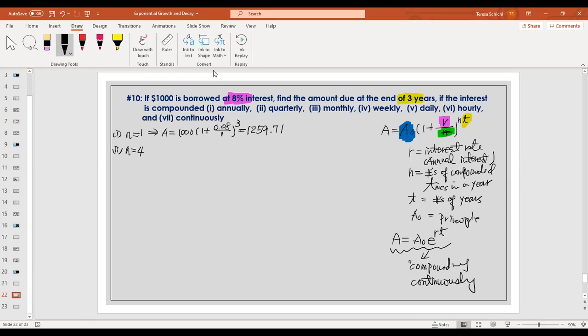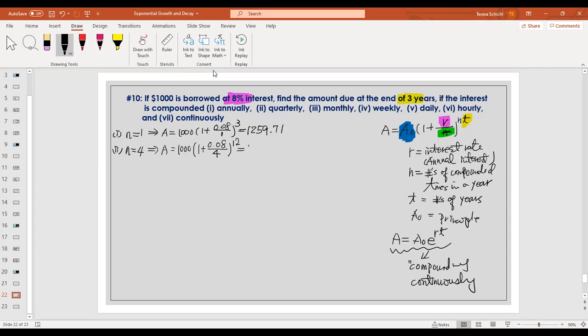Now if I say quarterly, every year I have 4 quarters, so n is equal to 4. This is 1,000 times (1 plus 0.08 divided by 4), because 0.08 is the annual rate. In total 3 years is 12 quarters, so the power is 12.